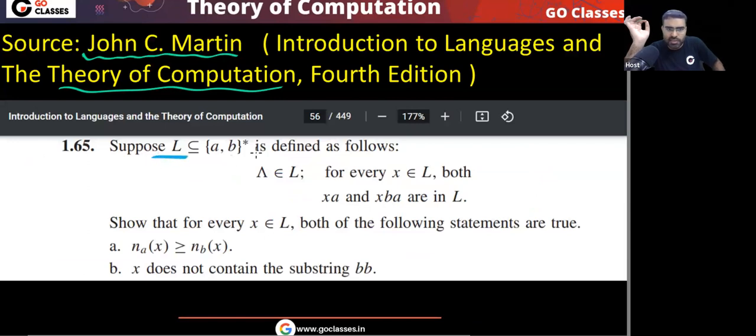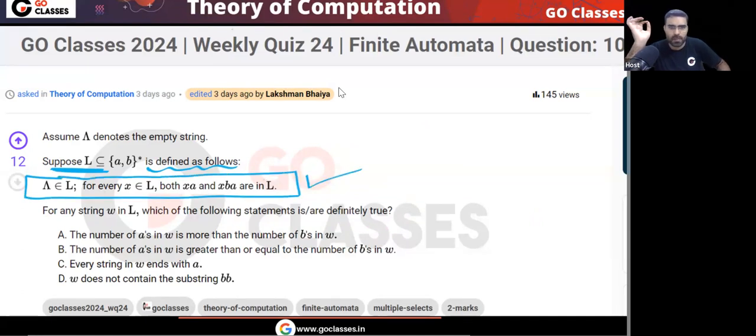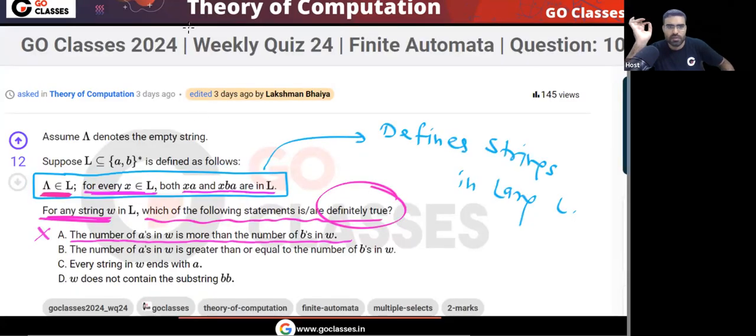The language has been defined. Are you comfortable with this type of question now? First you understand the language, then you solve the question.